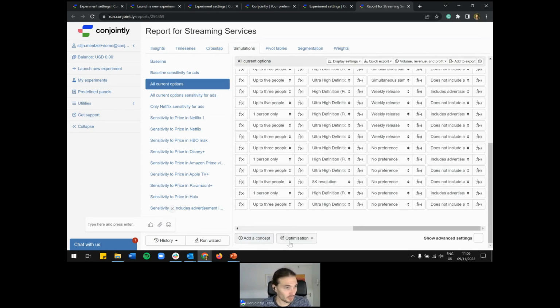We do have an optimization feature here. The optimization depends on what you want to keep fixed and what you want to change in order for the preference score to be optimized. So you could say price is fixed and the quality is fixed and so on, and then you can optimize based on that.